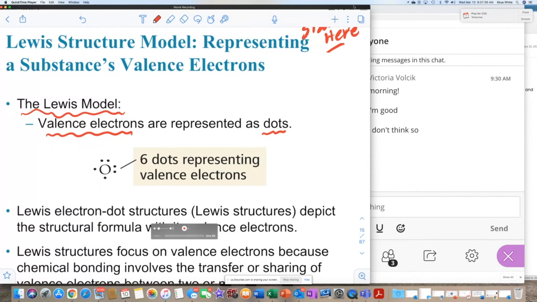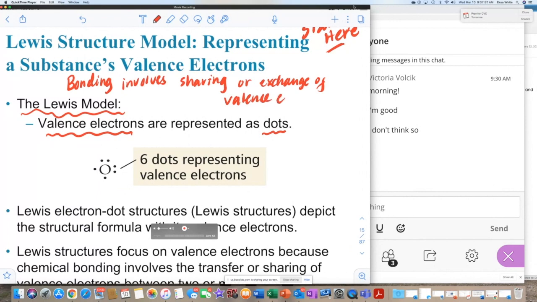So when we're dealing with bonding, as far as bonding is concerned, bonding involves the sharing or exchange of valence electrons. When atoms are trying to combine with each other, the parts of the atom that get exchanged in the process of forming the bond are the valence electrons.